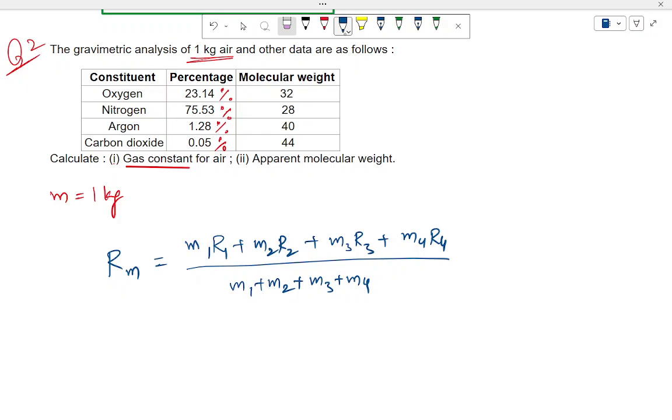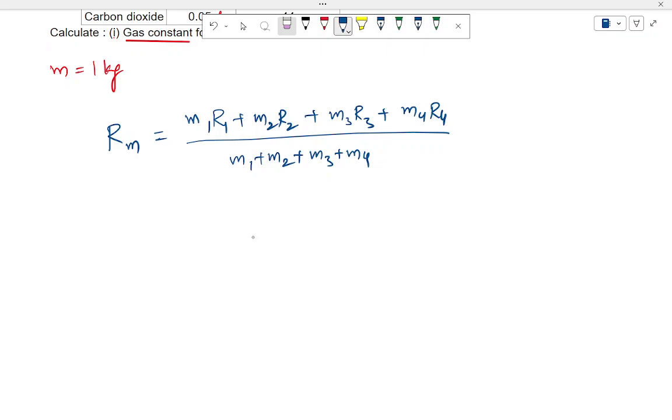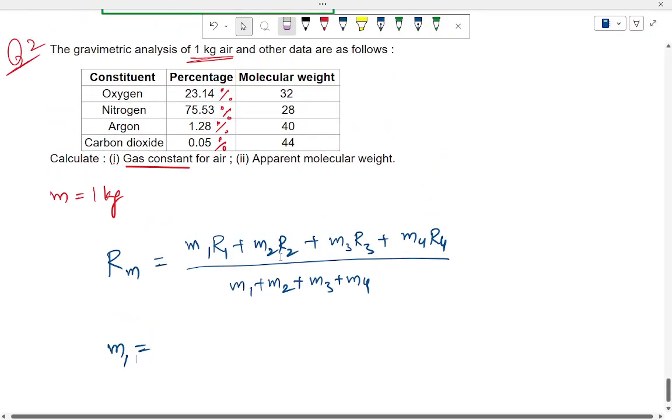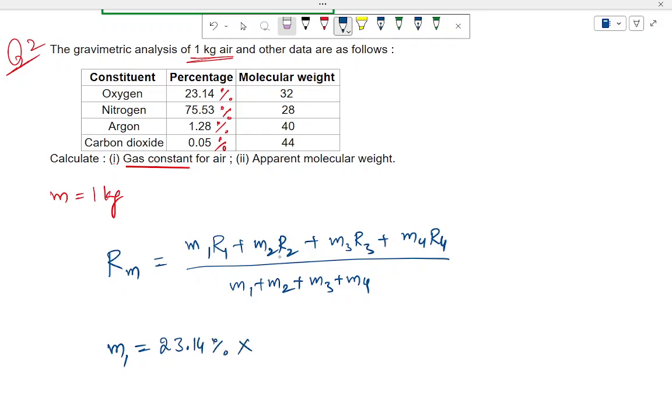For this you have to find out what is the M1 value here. The M1 value will be based on its percentage. The percentage for this M1 is 23.14% into the 1 kg.